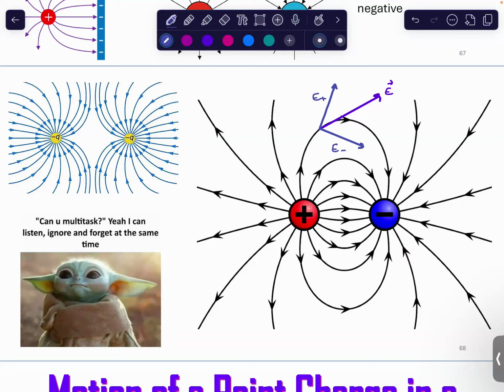Each one of those is going to have a positive and negative component. So yes, your electric field vector is going to be tangent to the electric field line at every single point.